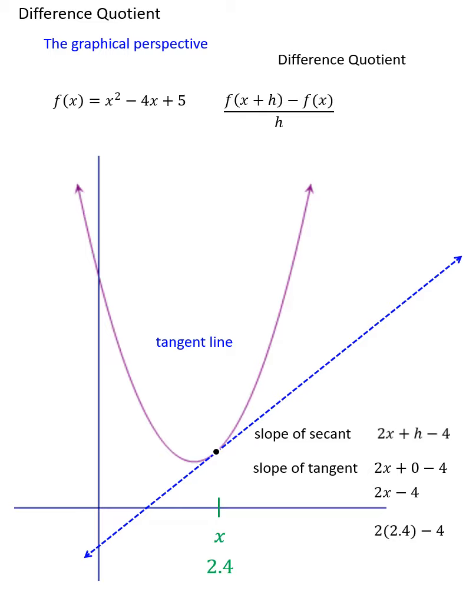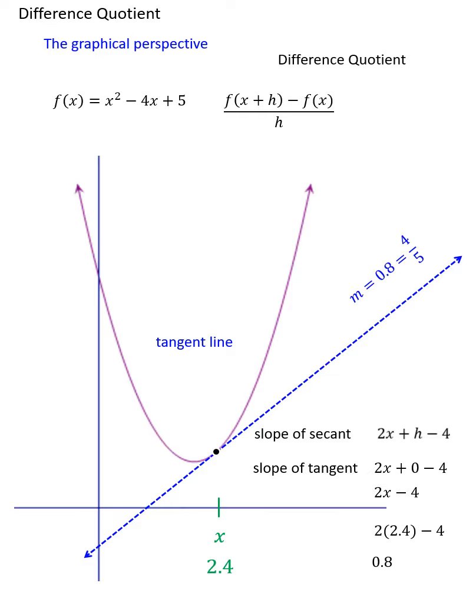So if we were to plug that x value into the slope of the tangent line equation that we created by letting h shrink to 0, and we were to work that out, which I did, by the way, it works out to about 0.8, then we would have found the slope of the tangent line to the curve.